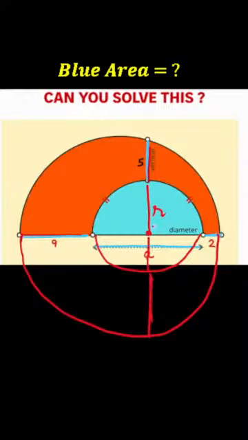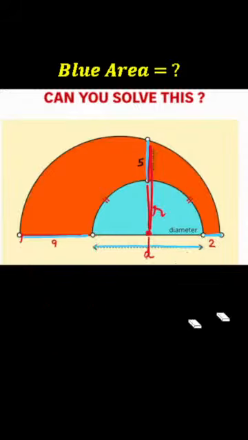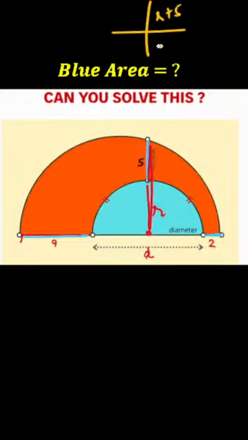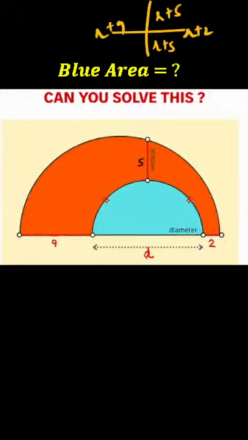This entire length is r plus 5. This would also be r plus 5, right? So I'll have intersecting chords: for the upper region it's r plus 5, for the lower region it's also r plus 5. For this much length it's r plus 2, and for this much it's r plus 9, right? So I can use the intersecting chord theorem directly.